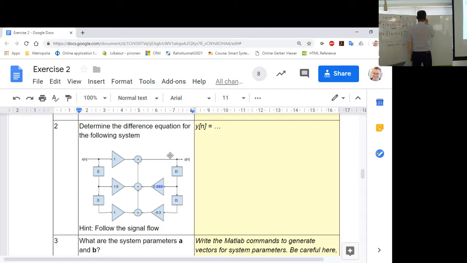So basically, if you have a symbol like that with any number inside of it, I just mark it A, then the output would be A times x[n]. That's simple. After that, if you have a delay, this is an example: whatever is inside here will be delayed, so you have A times x[n-1] as an output.